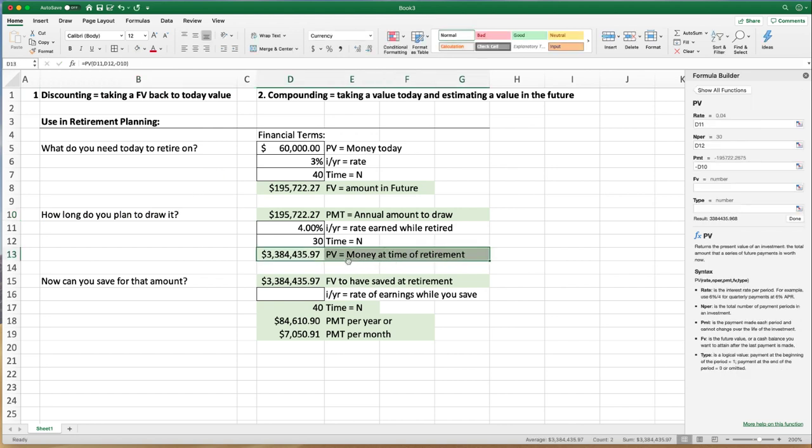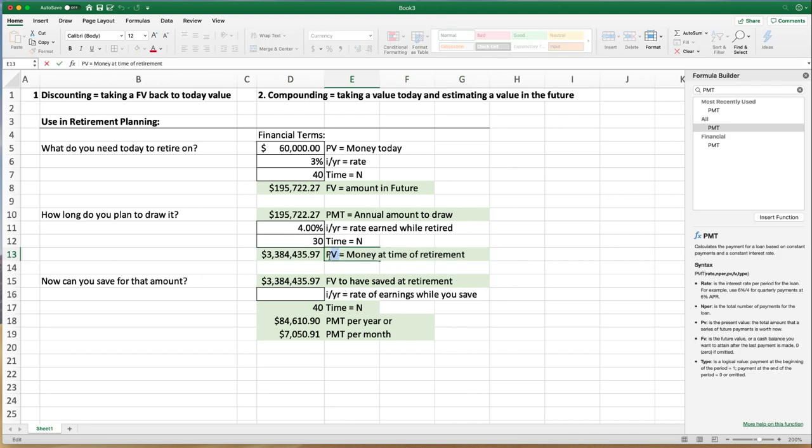So I'm calculating this present value. But that's at retirement age. Now, the question is more important today, how much do you need to save for that? So I'm back to discounting because now you can see I switched this. It was present value at retirement age, but now I'm going back to today. So I'm back on my today value here.